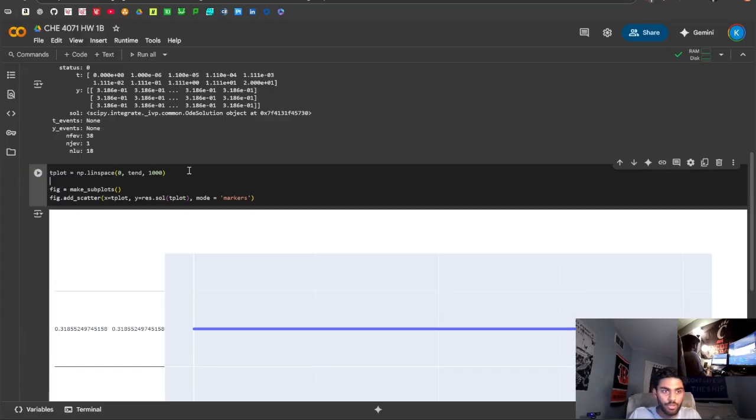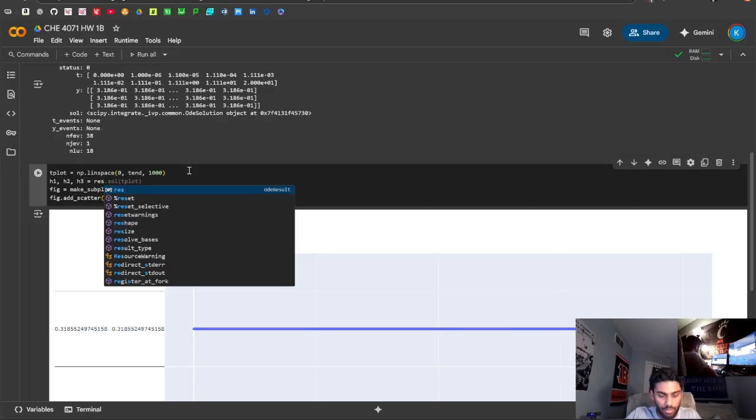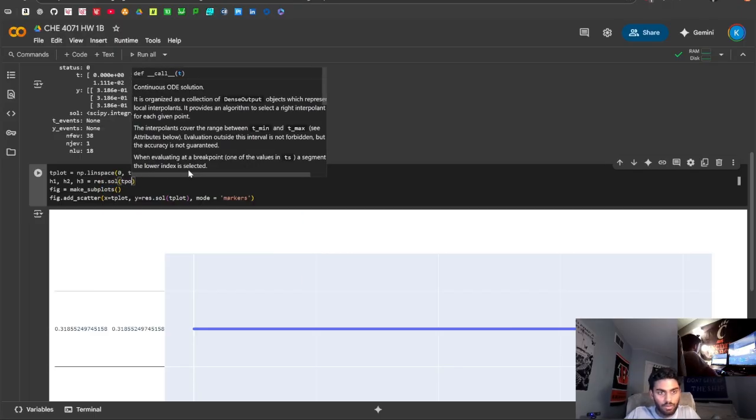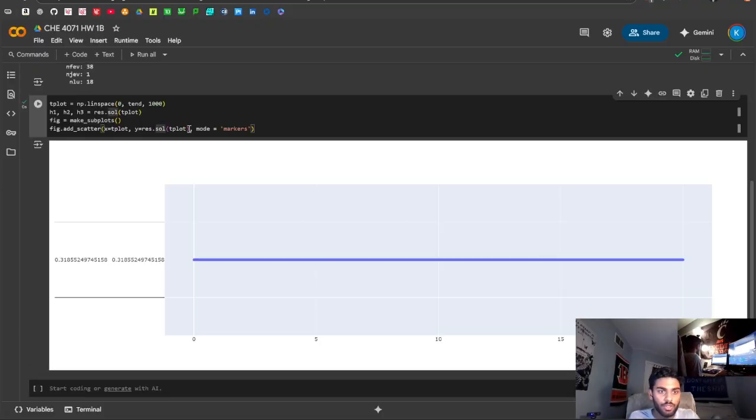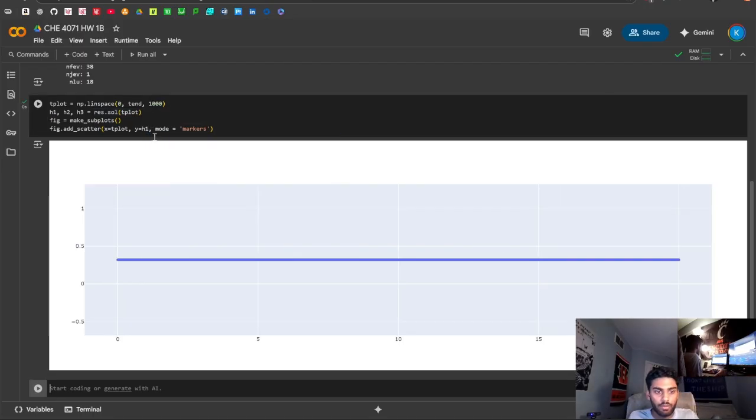So I think the best thing to do here is we'll store our solution here into a separate array, and we can just call this our line of interest. So right now you see that the tank height in tank 1 remains exactly the same.